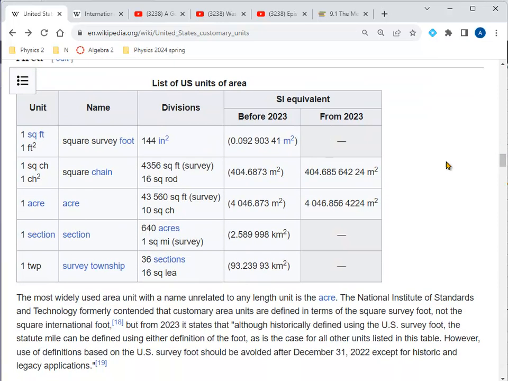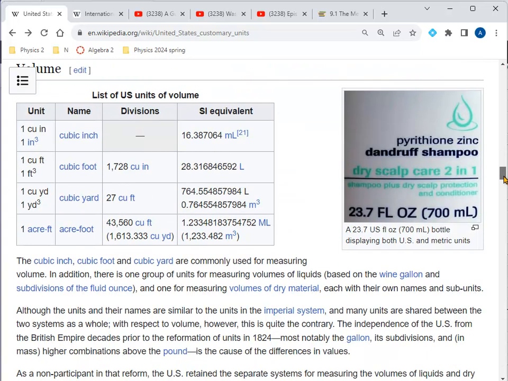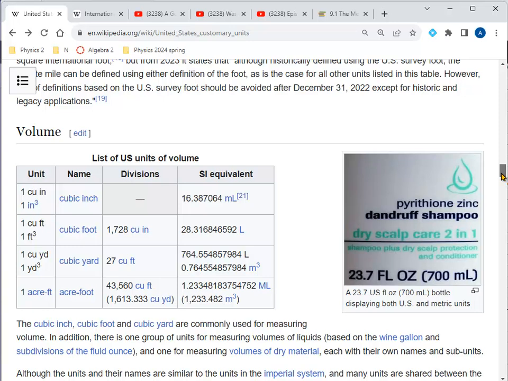Here are areas. Look at all these screen numbers in the metric system. You just multiply by 1,000, multiply by 1,000,000, divide by 1,000,000, that kind of thing. So in this particular one, they're not focusing on all these units. They're focusing on how to convert between the different kinds of volumes.